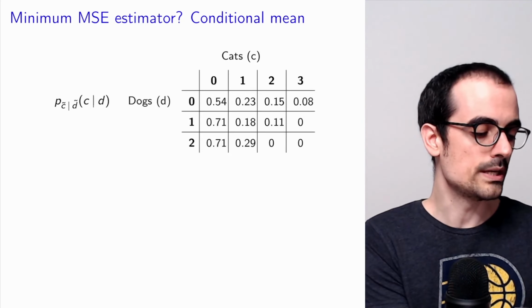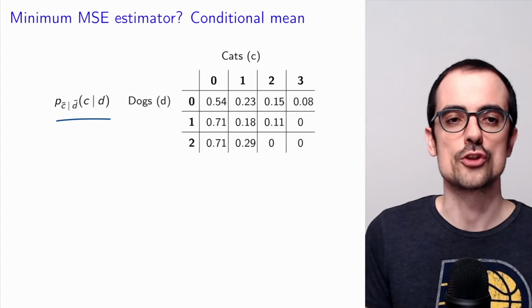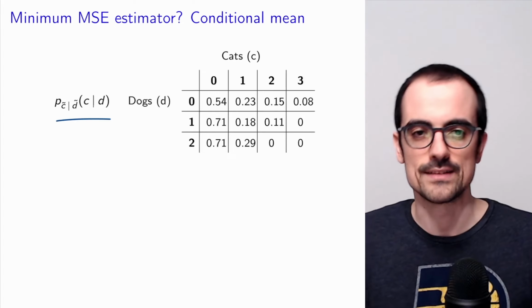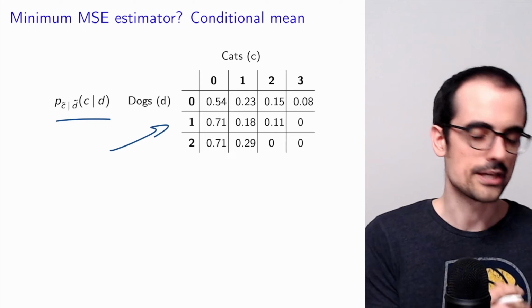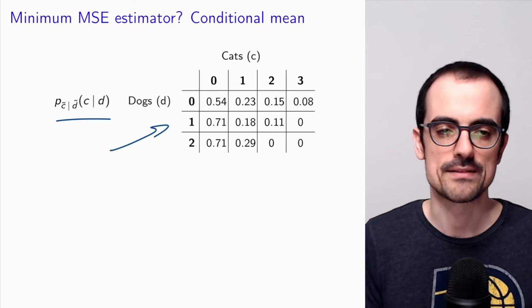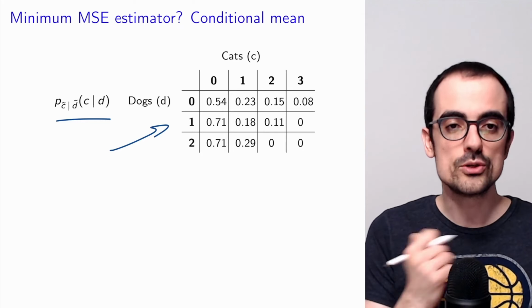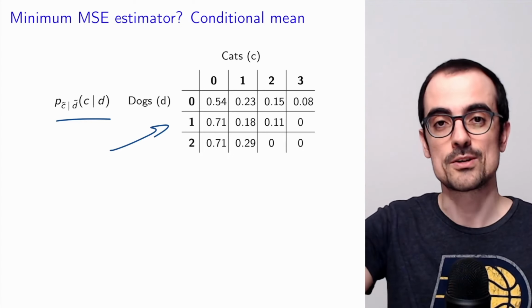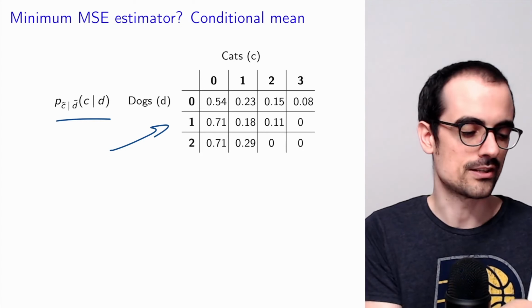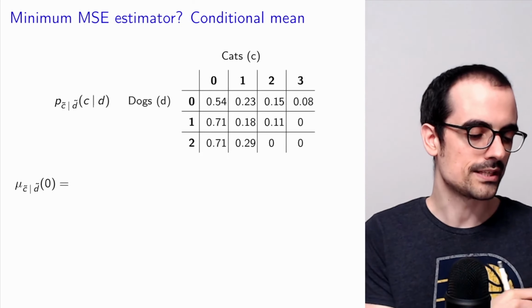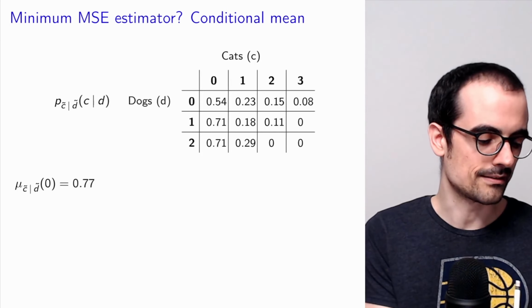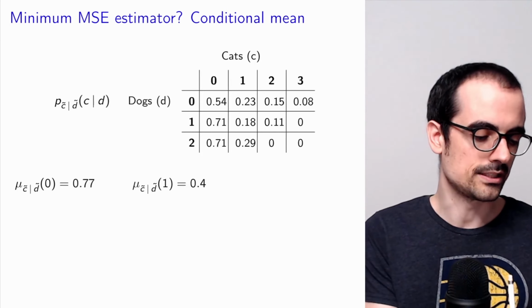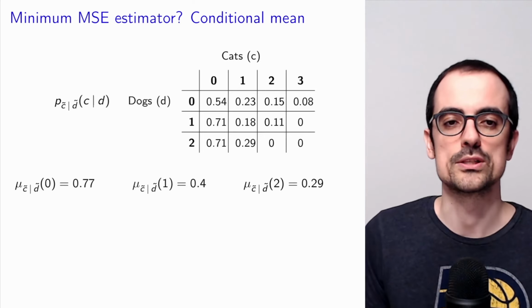Essentially we need to derive the conditional PMF of cats given dogs, which happens to be this one. You just need to normalize the joint PMF appropriately. Then using that, we compute the mean number of cats conditioned on each number of dogs. For 0, the mean number of cats is 0.77. For 1, it's 0.4. And for 2, it's 0.29.